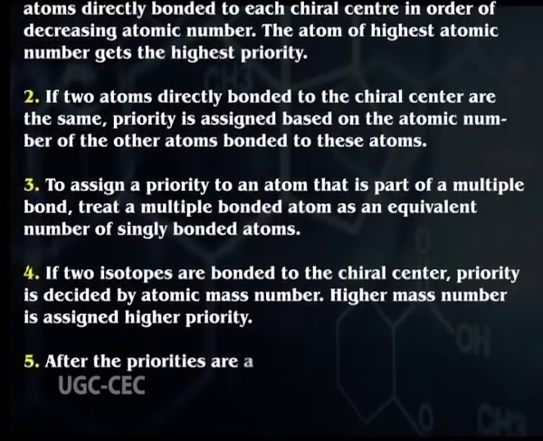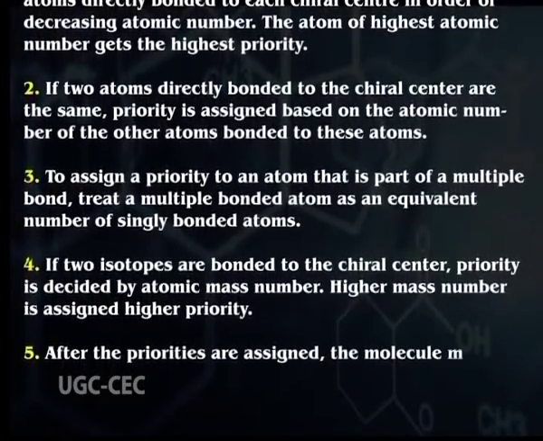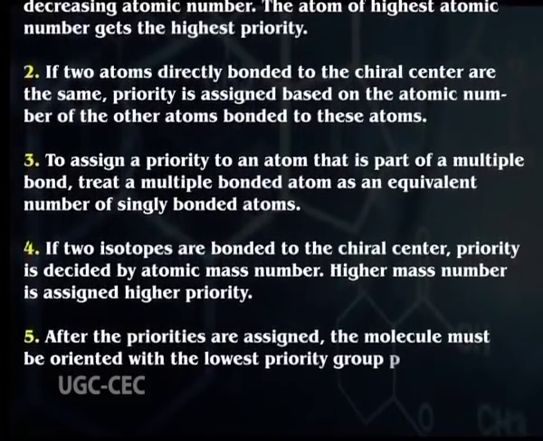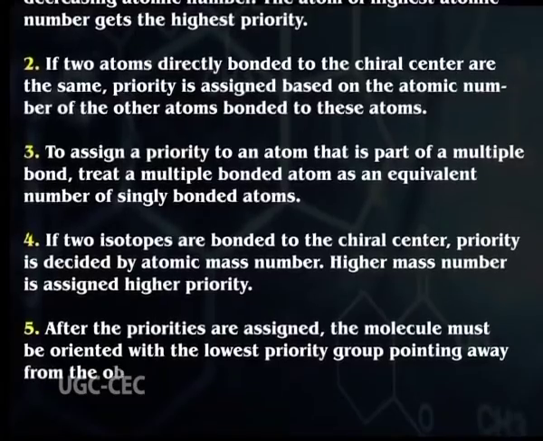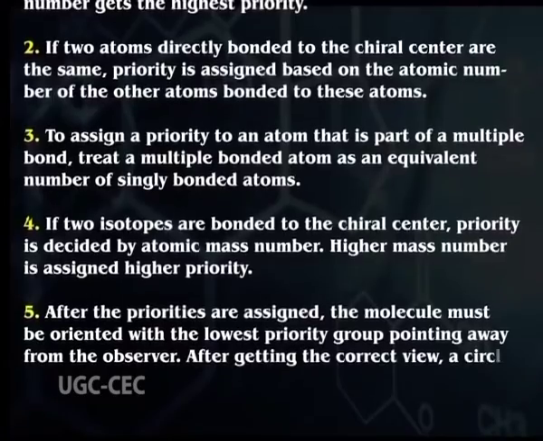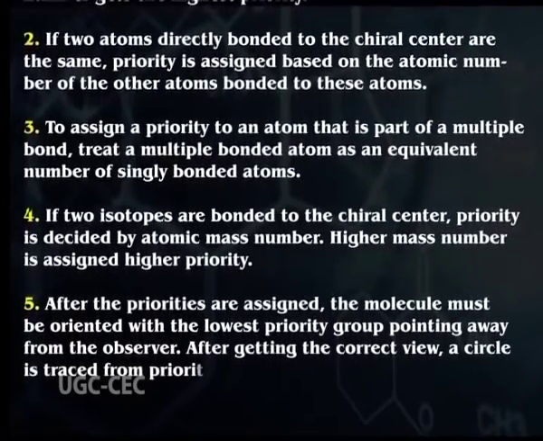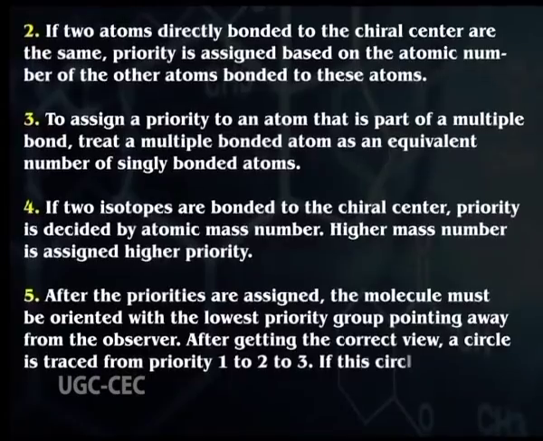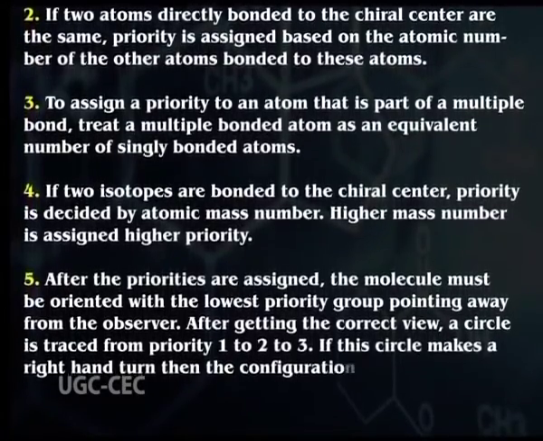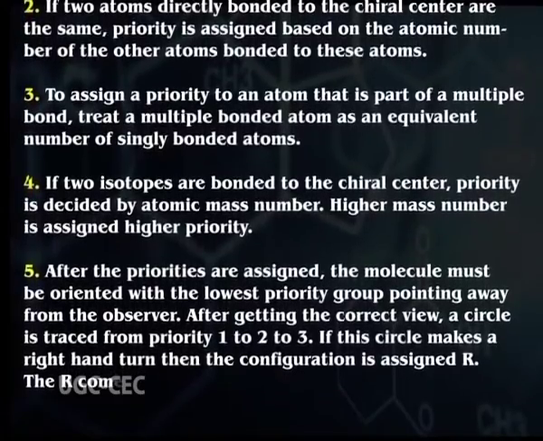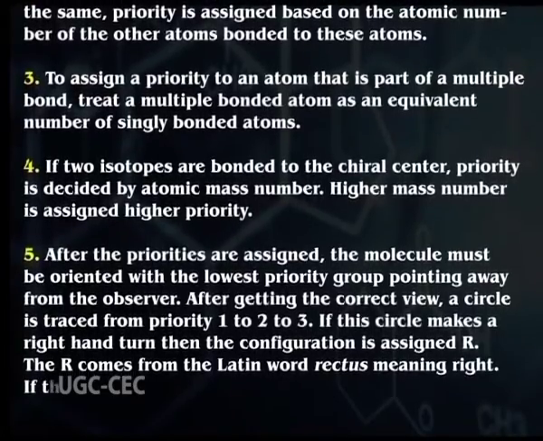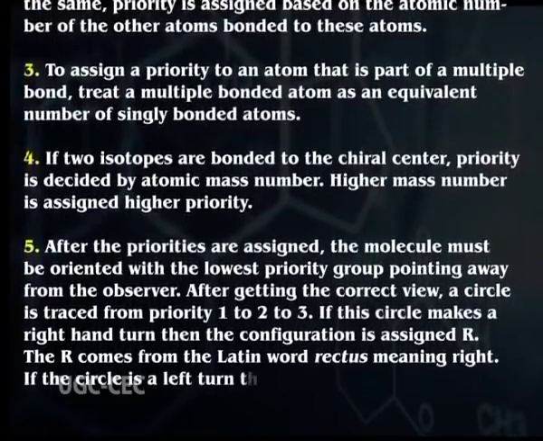Number 5, after the priorities are assigned, the molecule must be oriented with the lowest priority group pointing away from the observer. After getting the correct view, a circle is traced from priority 1 to 2, 2 to 3. If this circle makes a right-handed turn, then the configuration is assigned R. The R comes from the Latin word rectus, meaning right.